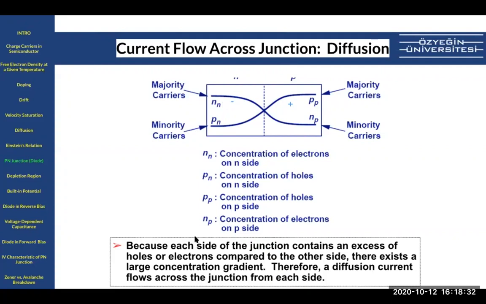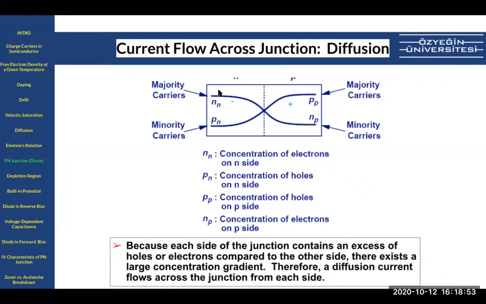So these characteristics, when you look at it, cause a concentration gradient, right? Because there are majority carriers at one side and there is less at the other, and vice versa. Holes are more here compared to others. So we learned what the diffusion current is, right?